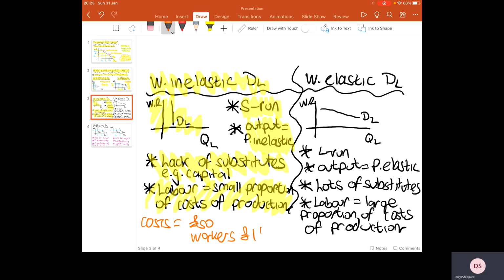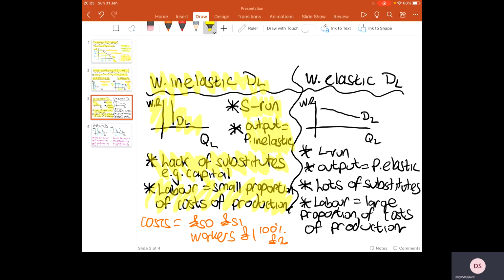Now, technically, if workers demanded a 100% increase in wages, all that would mean is the cost of production of workers would now become £2, and that would only increase the cost of production to £51. That's going to have a very minimal impact on the overall cost of production, and that will probably mean that workers will be able to demand those high rates of pay without it really contracting their demand.